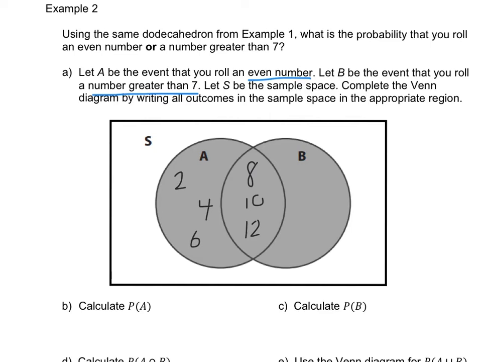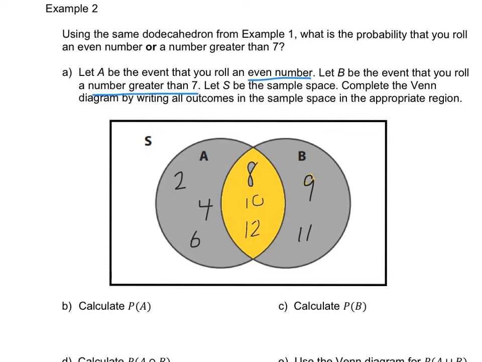That's the event that you roll a number greater than 7. So I already have 8, 10, and 12 in the overlap here, but there are some other numbers that are greater than 7 that have not been stated yet. So those would be 9 and 11.